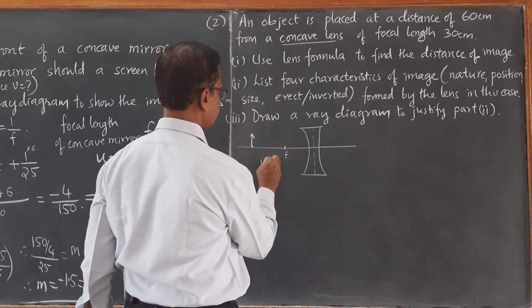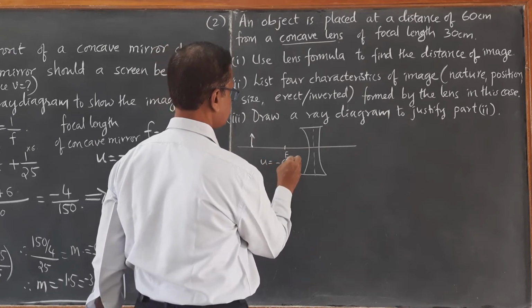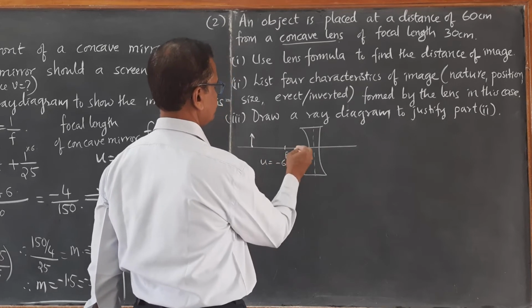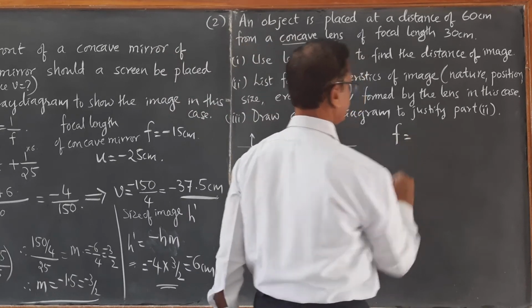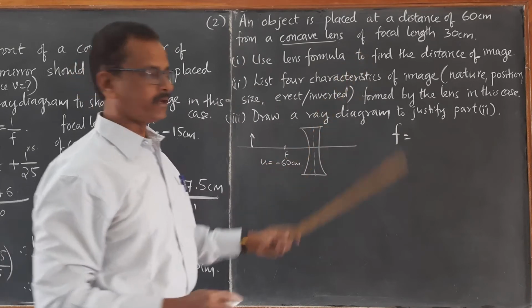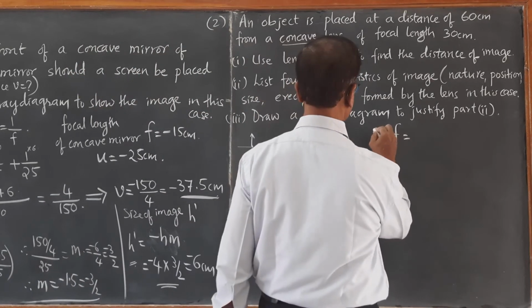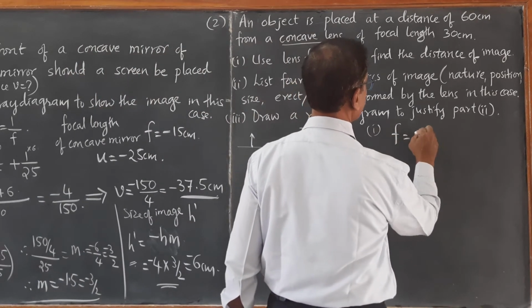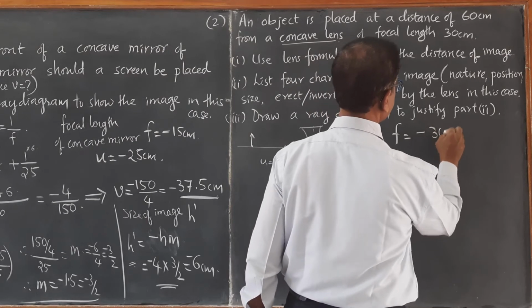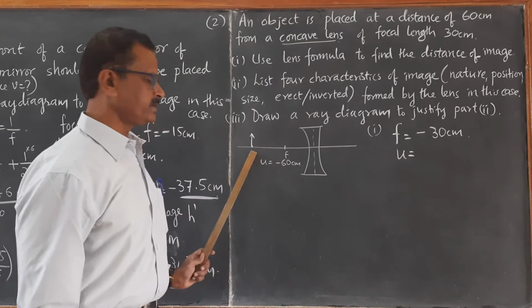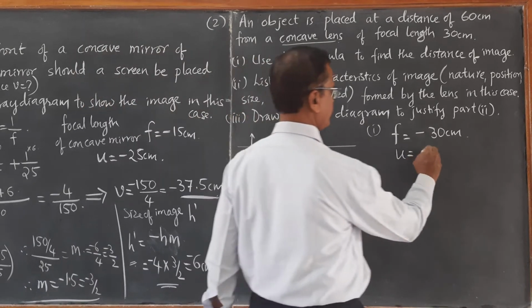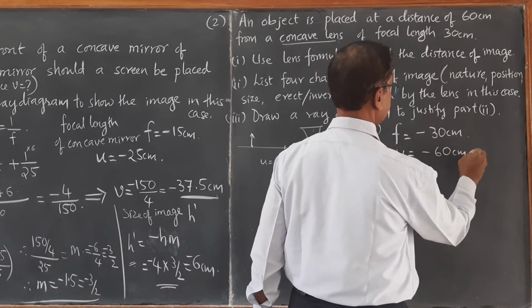Object distance u is equal to minus 60 cm. F is equal to 30 cm. Focal length of a concave lens, remember, is negative, so minus 30 centimeter. Object distance is to be kept always towards the left side, minus 60 centimeter.